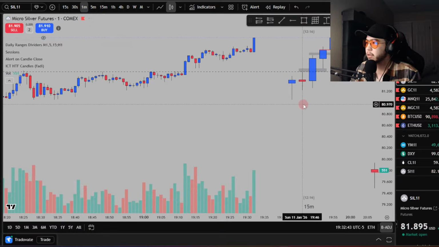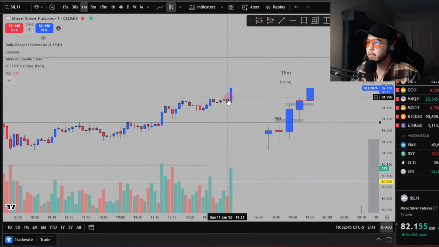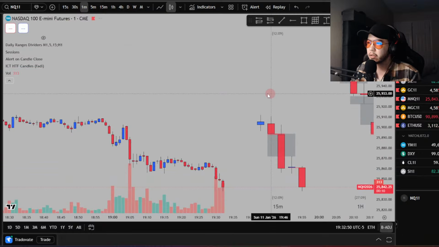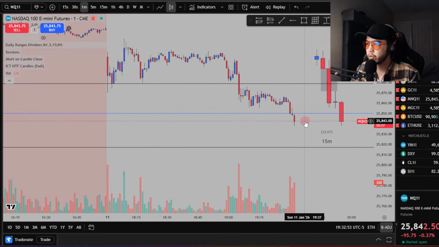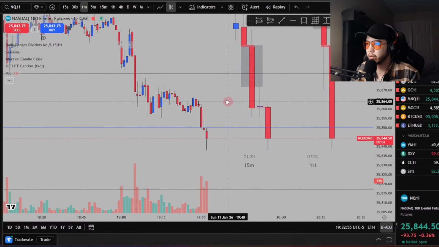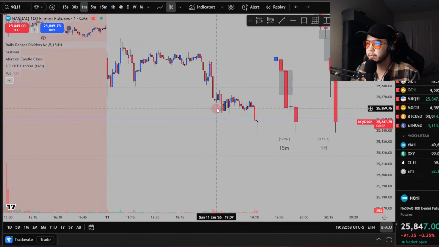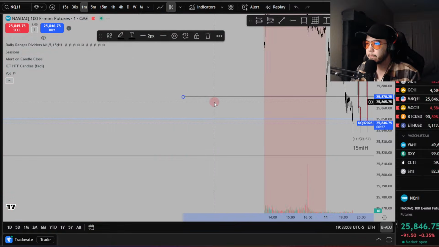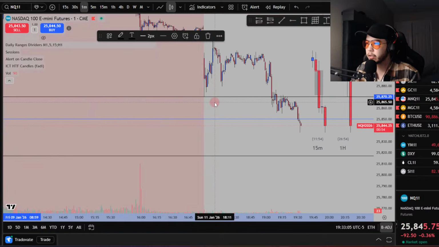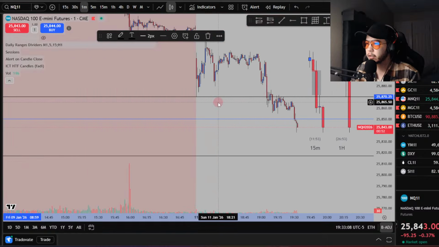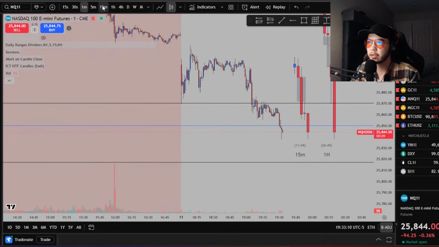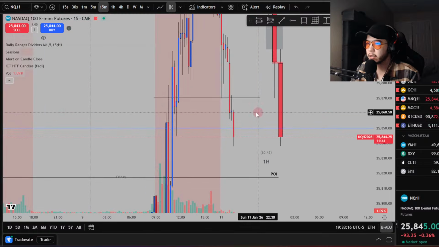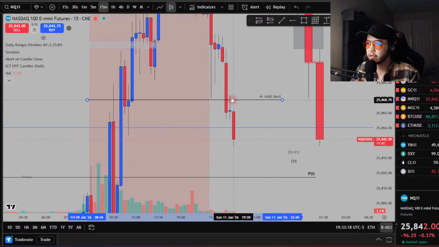Silver hasn't hit the all-time high, but gold just broke through the all-time high. And NQ, we just closed right through the level. Oh, that would have been a good entry. You see, we missed this 15-minute entry right here.